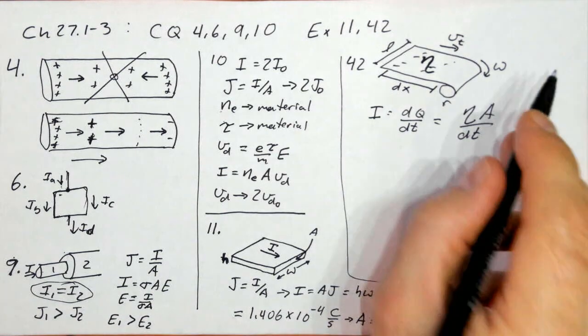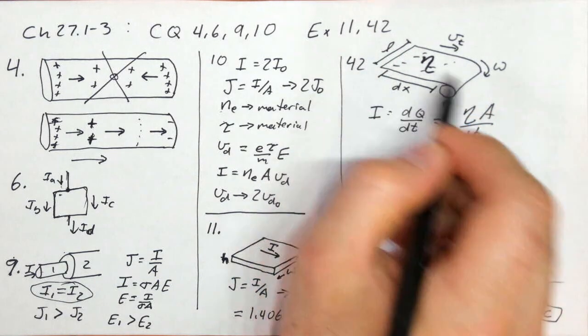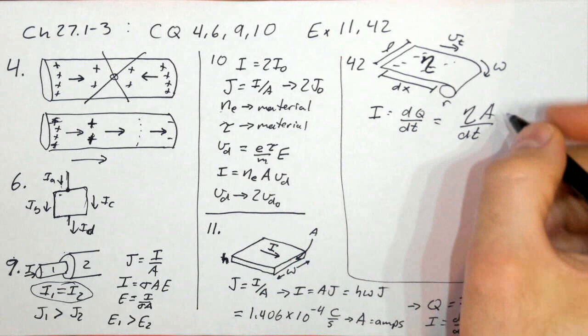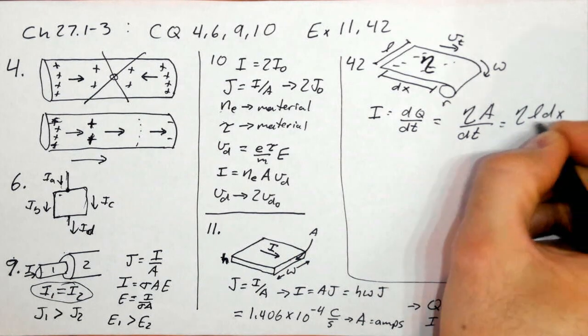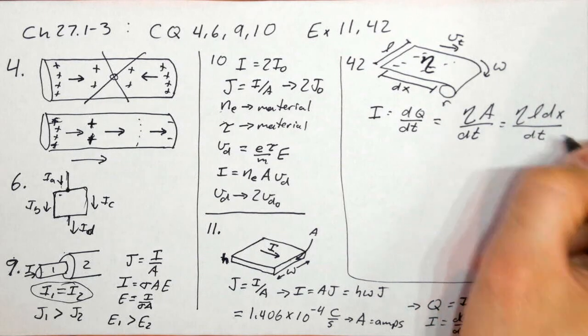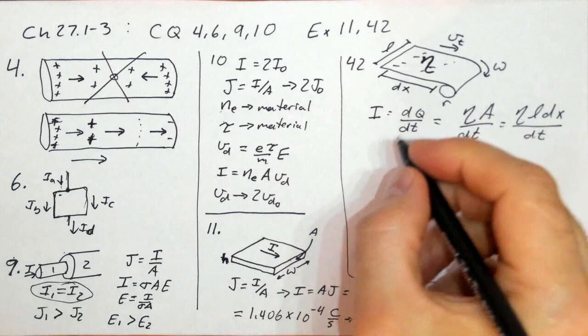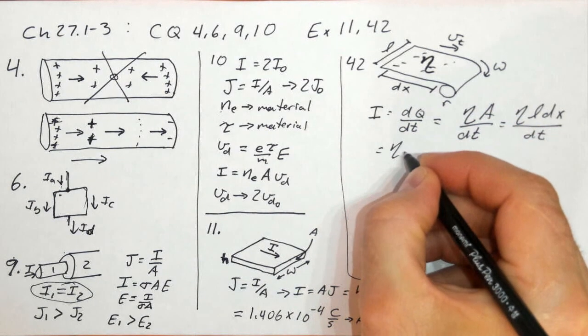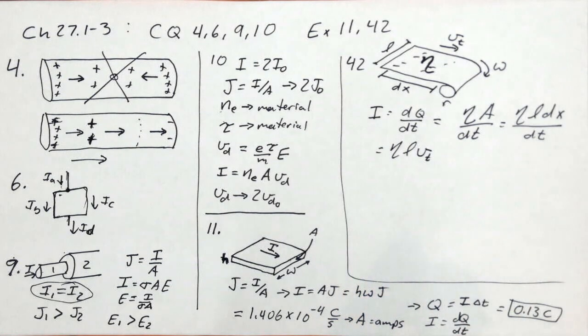But the area would be the width times the length of it that moved in this time, and we can call that dx. So we have L dx over dt. But what is dx/dt? That's our velocity. So I is eta L v_t.